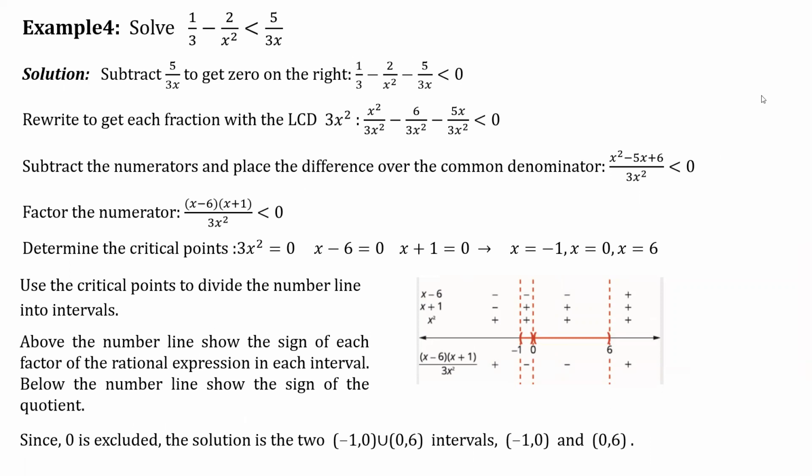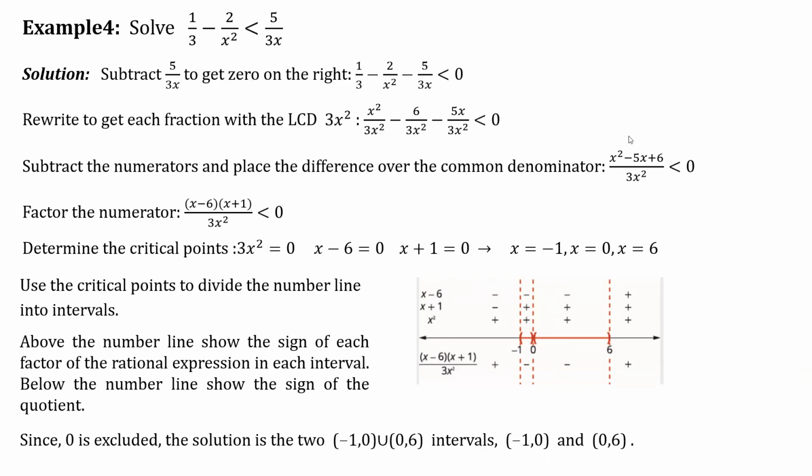So next example, solving this fractional rational inequality. Subtract this value from both sides of this inequality to get 0 on the right side.